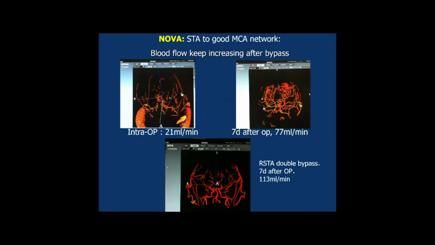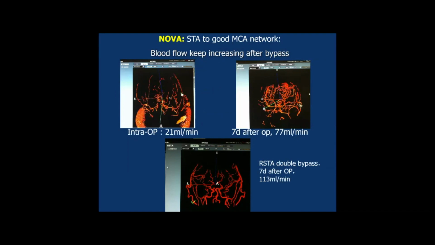We analyzed the blood flows using NOVA testing. With STA to a good MCA network, the blood flow can keep increasing after bypass. You can see intraoperatively, it's normally around 20 to 30 or 40 milliliters per minute.